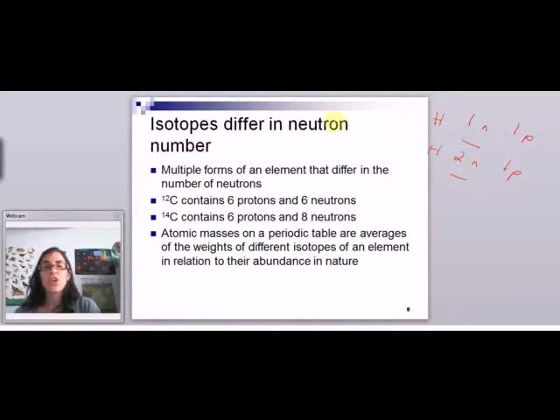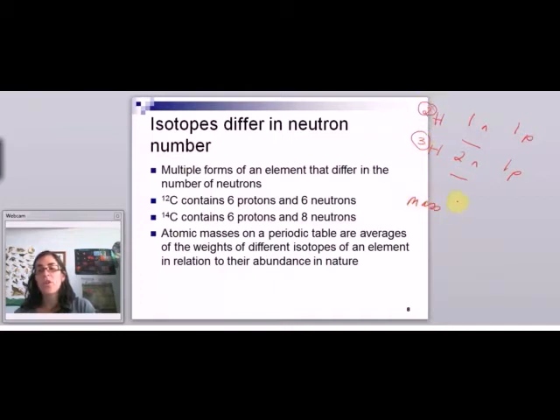This is what's called isotopes. Isotopes differ in their neutron number, and we often designate them as, this would be the 2 isotope of hydrogen. This would be the 3 isotope of hydrogen. So this number is the mass number.